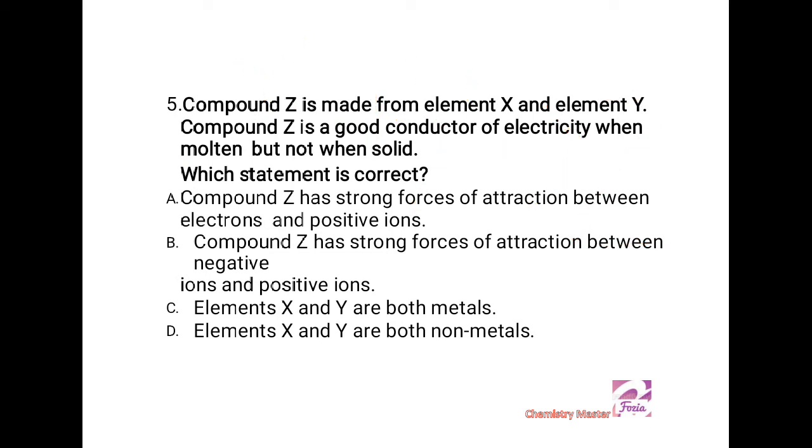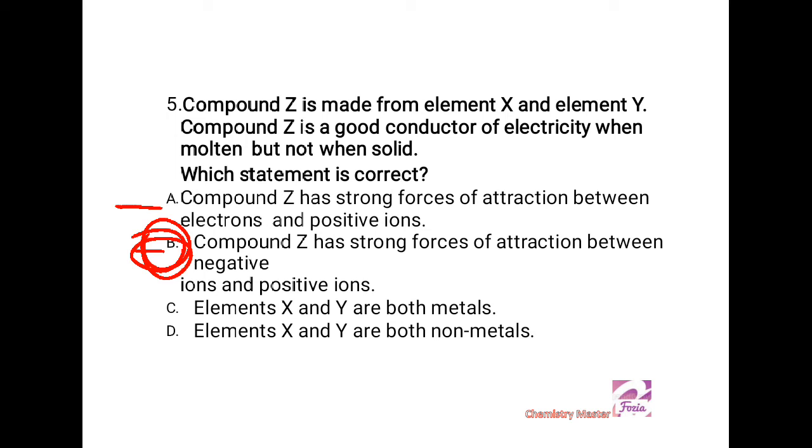Which statement is correct? A says compound Z has a strong force of attraction between electrons and positive ions. No, it's not electrons. B, compound Z has strong forces of attraction between negative ions and positive ions. Yeah, it seems sensible because the negative ions are bonded to positive ions in formation of ionic compounds, not the electrons.